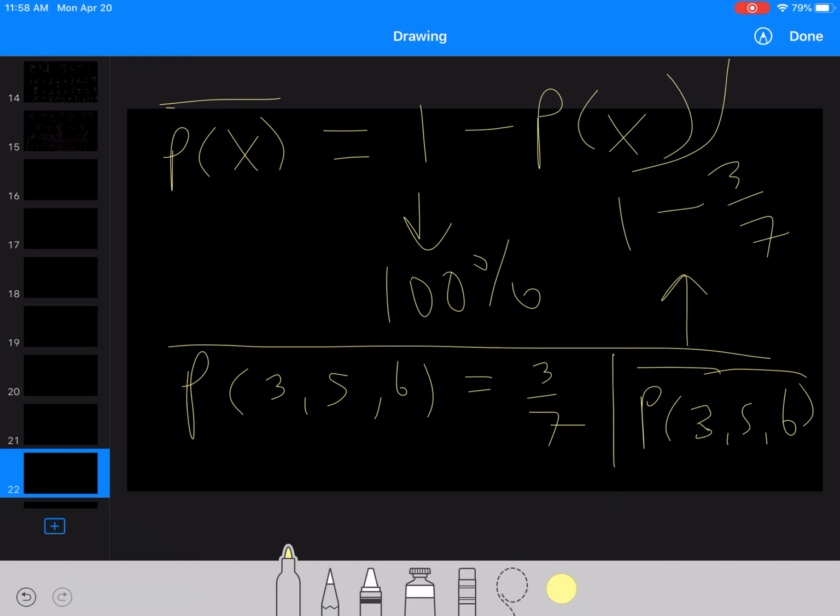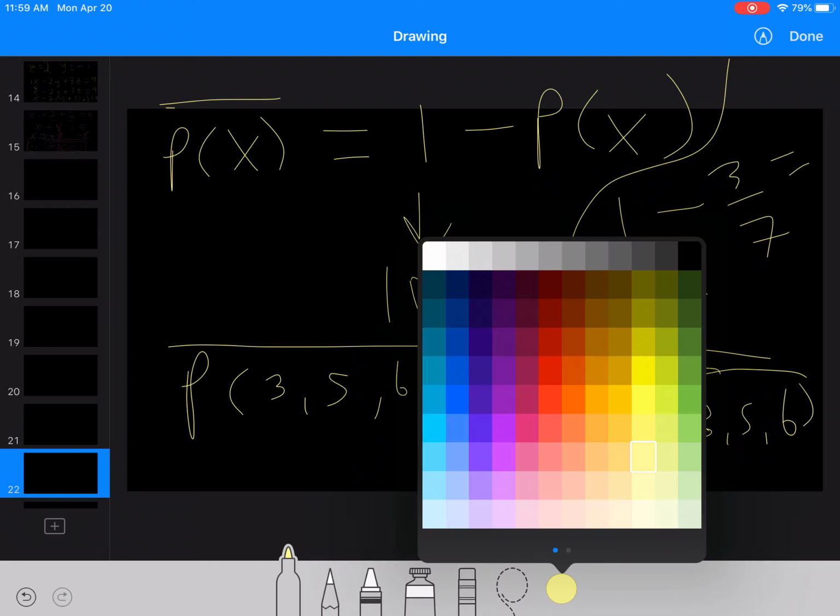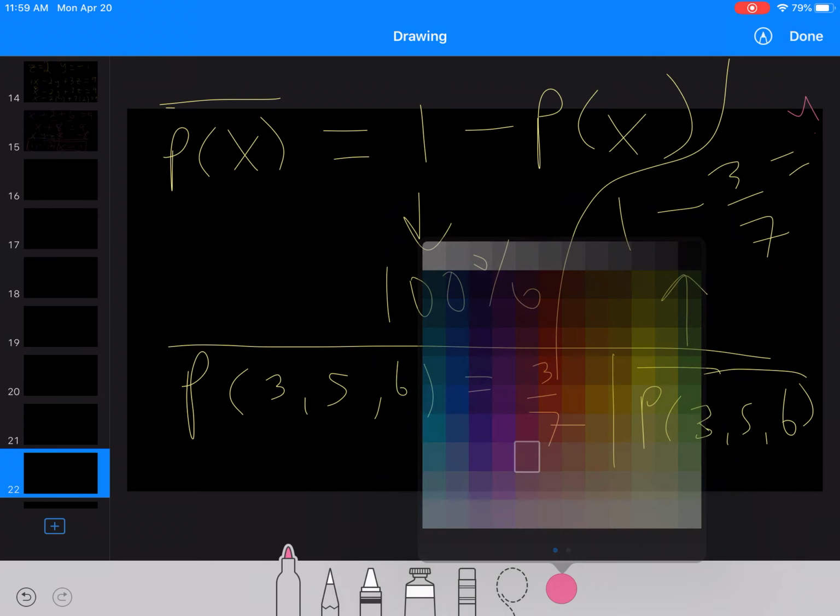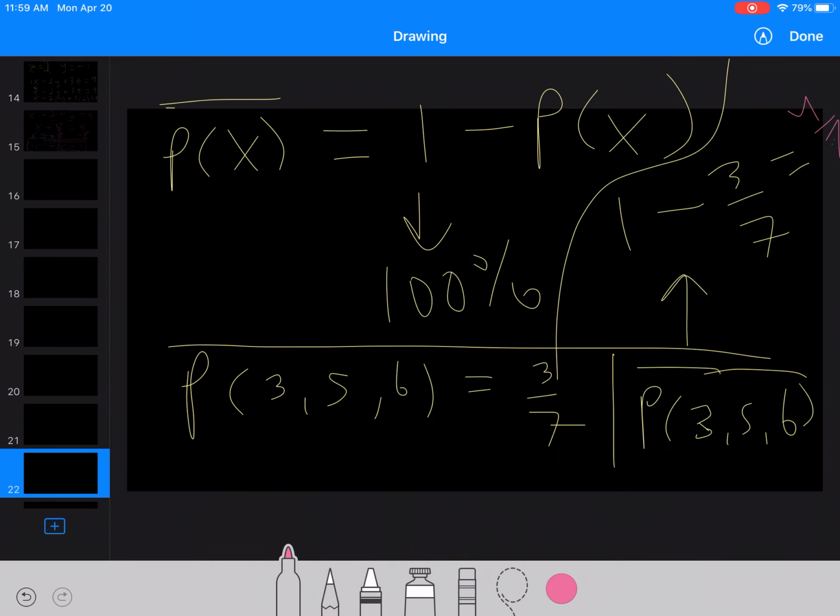When you do 1 minus 3/7, you get 4/7 if you use a common denominator of 7/7. Right, that 1 could be 7/7. Then you get 4/7. So this video was an introduction to mutually exclusive events, complements, and probabilities. In the next video we're going to look at independent events.